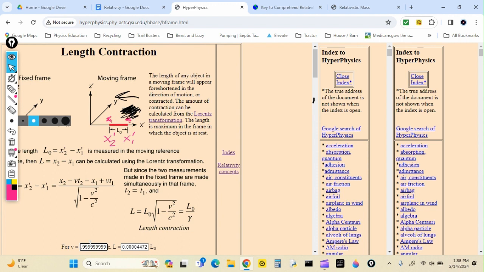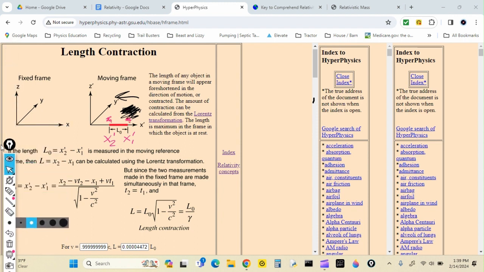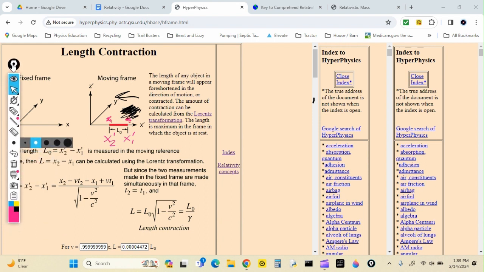Now I want you to understand that that length is only what is perceived from this stationary frame. It's only from the fixed frame versus the moving frame, and of course it all depends on which side you're looking at. Anyway, you can play around with that and look at the length contraction.